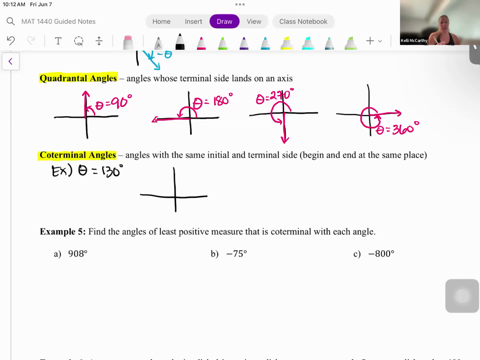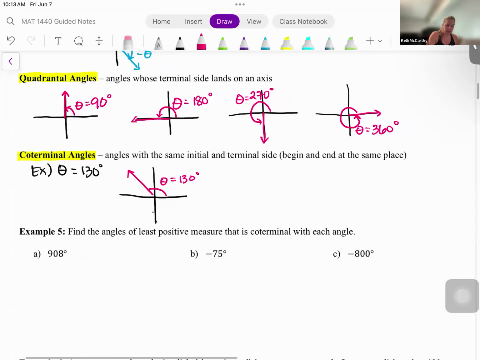Since we know a straight angle is 180, we're not quite to that negative x-axis. Here's angle theta is equal to 130 degrees approximately.